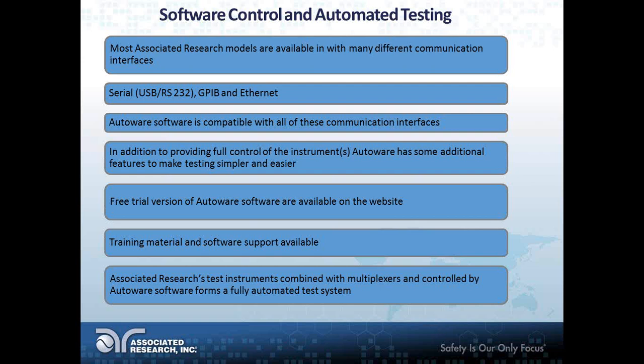Autoware is compatible with all of these communication interfaces, meaning that you can have any of these on your test instrument and still be able to use Autoware software to control your test equipment.